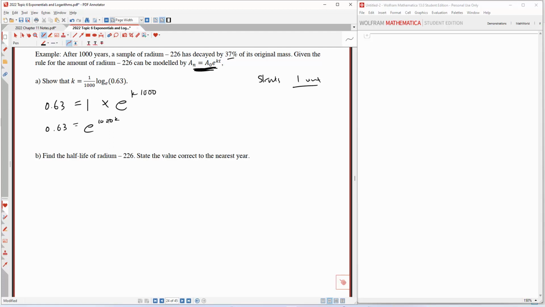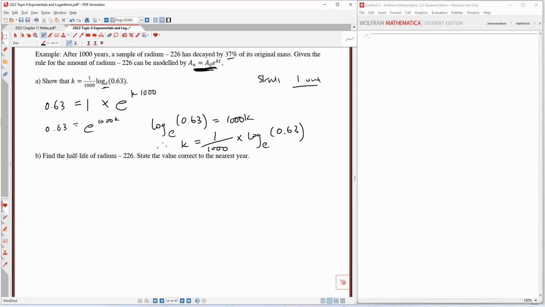Now I need to solve for k, so I need to get it out of the exponent, which means we switch to log form. Rewrite this as log base e of 0.63 equals 1,000k. Therefore, k equals 1 over 1,000 multiplied by log e 0.63, as required.